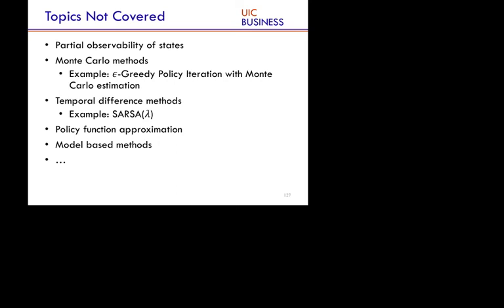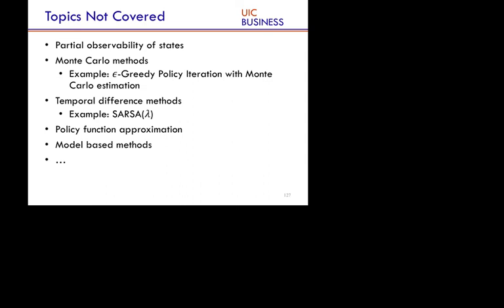We did not look at policy function approximation. We just said a policy function approximator was used in AlphaGo, but we did not spend time on how you can approximate a policy function itself. But it's very similar to what we did for the value function. And we did not look at model-based methods. Q-learning is a model-free method.